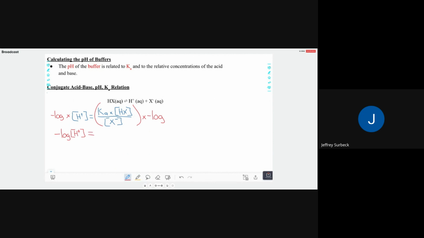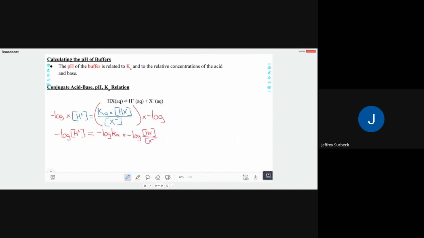Okay, and then this side, I'm going to do a little bit more, and that is this. I'm going to pull out that Ka. Remember, it's the distributive property in math. I'm going to pull out the Ka, and I'm going to start out with just negative log of our Ka. Now, I'm going to keep this, and I'm going to say times my negative log of my acid over my base.